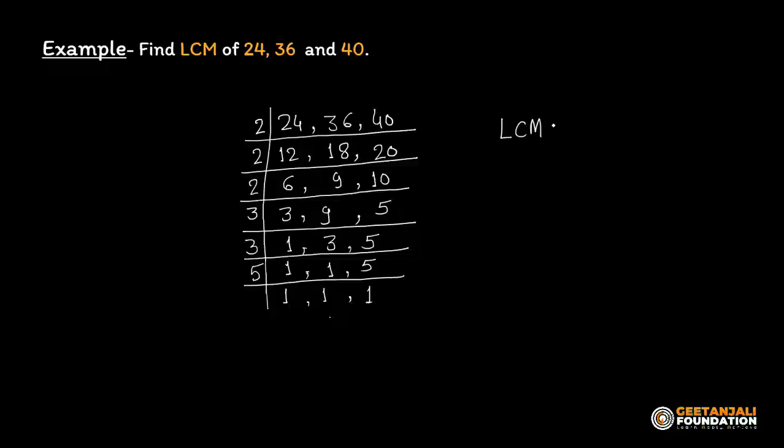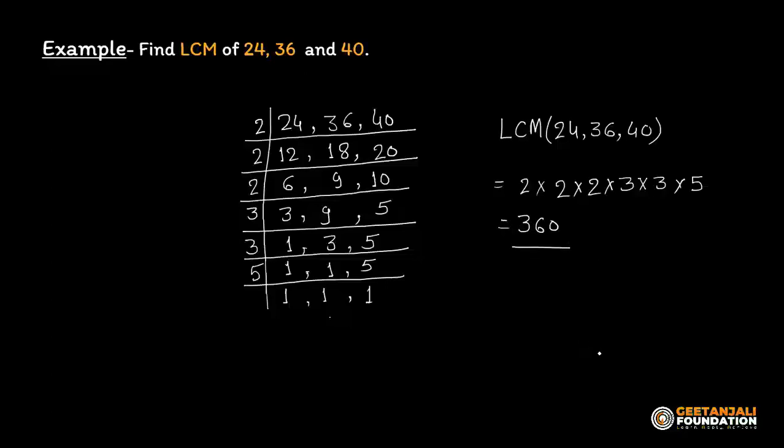So LCM of 24, 36 and 40 will be equal to the product of these factors, 2 times 2 times 2 times 3 times 3 times 5. 5 2s are 10, 9 4s are 36. So 360 is the LCM of these three numbers.